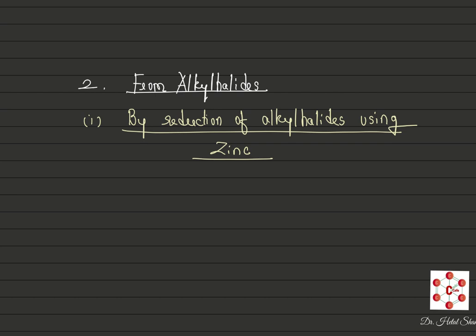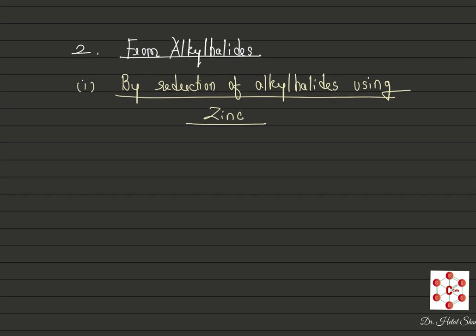Right? Ideally, what we could do is we could take RX and we could react RX with 2H. This is like nascent hydrogen. When I put H in bracket, it is nascent hydrogen, a very, very reactive form of hydrogen.